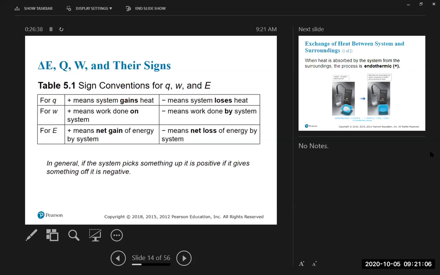If stuff's coming into it, if it's picking it up, if it's gaining heat, if someone's doing work on the system, things like that, then it's positive. So these sign conventions, like I said, the sentence at the bottom sums it up very well, I think.